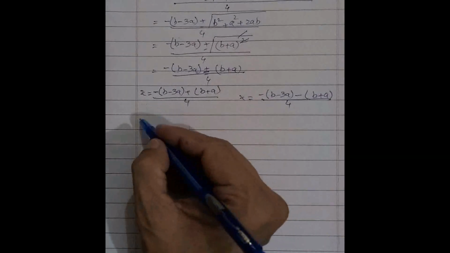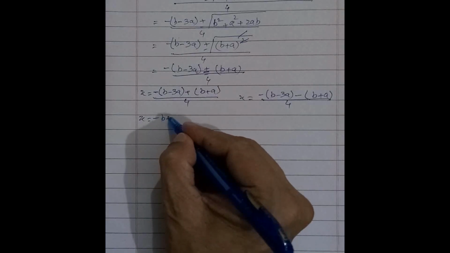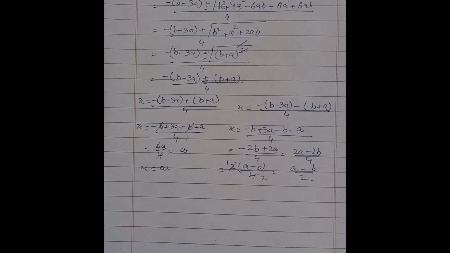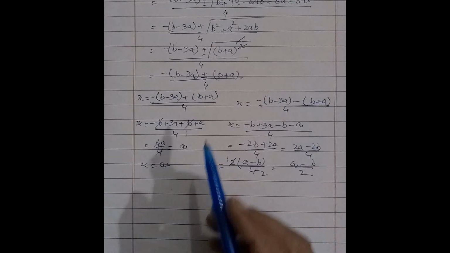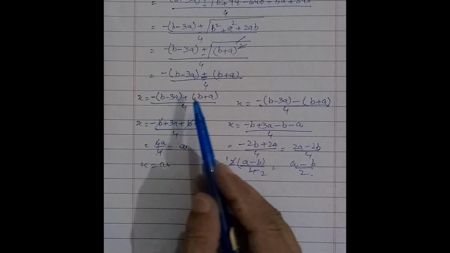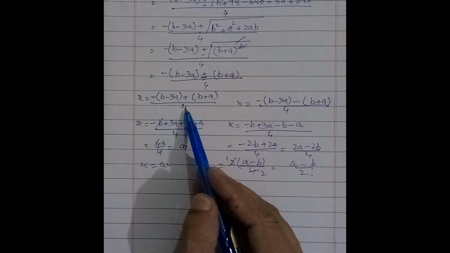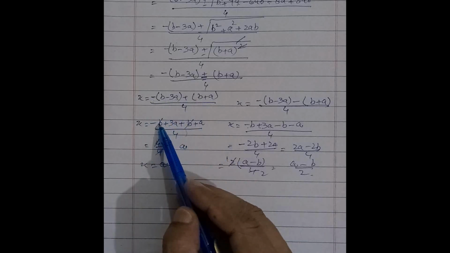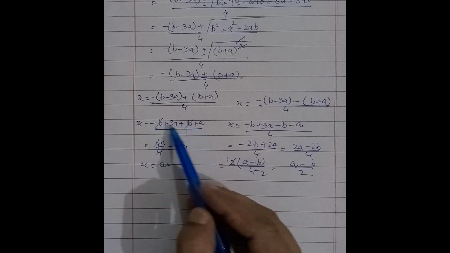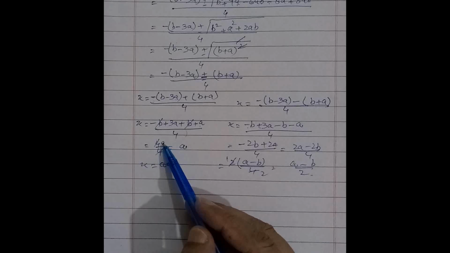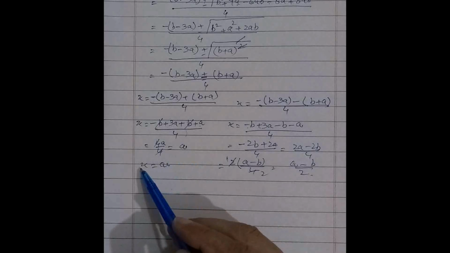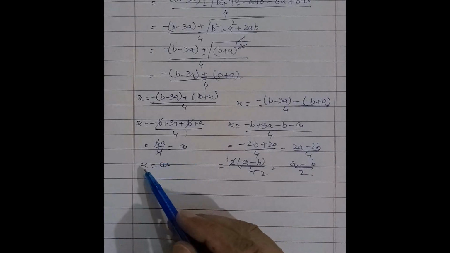Minus b plus 3a plus b plus a over 4. Minus b cancels with plus b. We get 3a plus a, which is 4a over 4. 4 cancels with 4, we get a. So the value of x is equal to a.